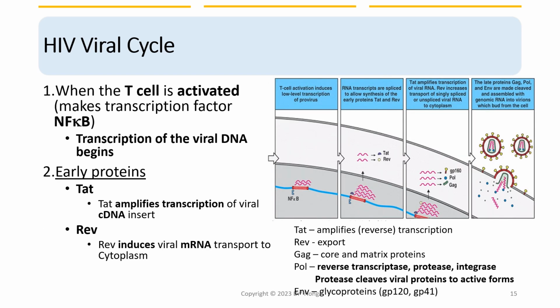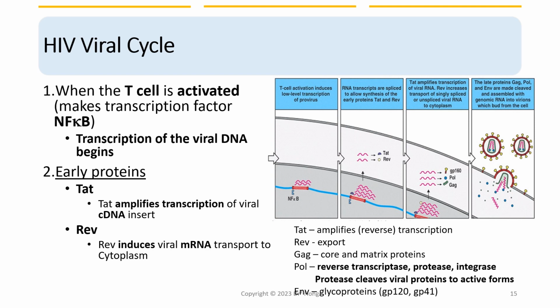When a CD4 T cell is activated by the presence of a pathogen, it produces the transcription factor NF-kappa B, which initiates the transcription of the viral DNA of HIV that has been integrated into the host cell genome during the provirus stage.